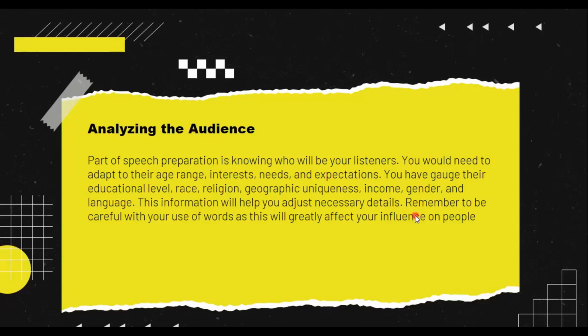So remember to be careful with your use of words as this will greatly affect your influence on people. Okay, so you have to be aware of their culture as well. Okay, so because just like what we studied last time, what might be good to us in terms of words might be not good with the other culture or might be offending with the other culture. Okay, so you have to consider also the cultural differences of people.